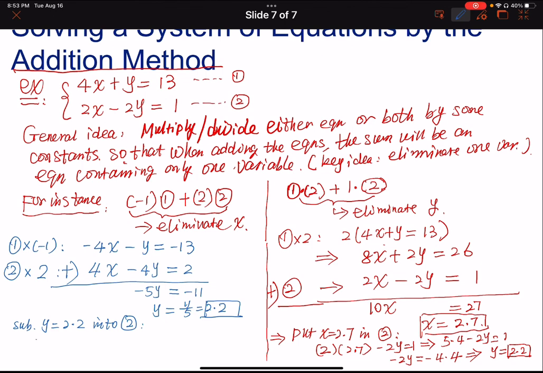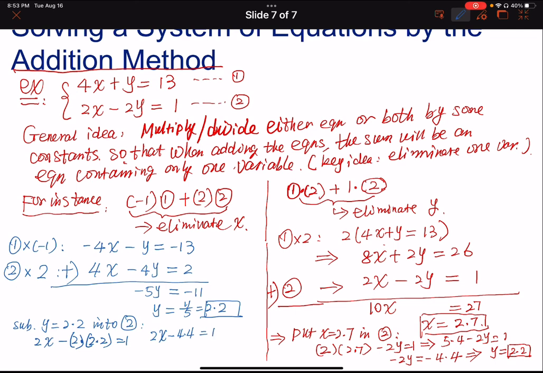So 2x minus 2 times y, now y is 2.2. Okay, to make it clear, I'm going to insert parentheses just to indicate the multiplication, equals 1. And if I simplify the left-hand side, 2 times 2.2 is 4.4.